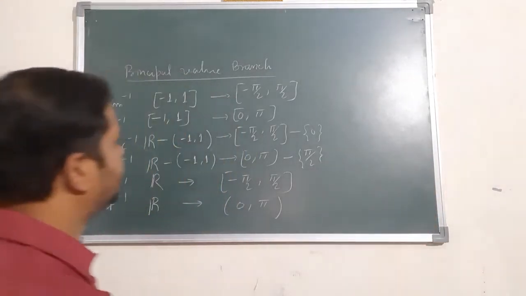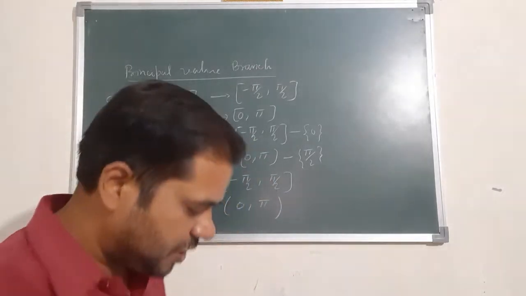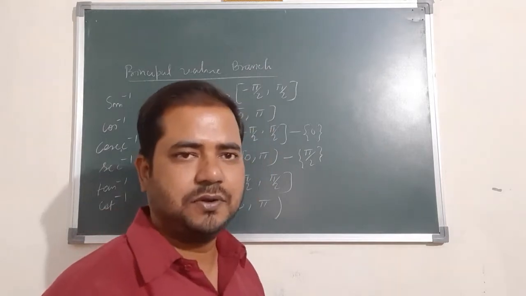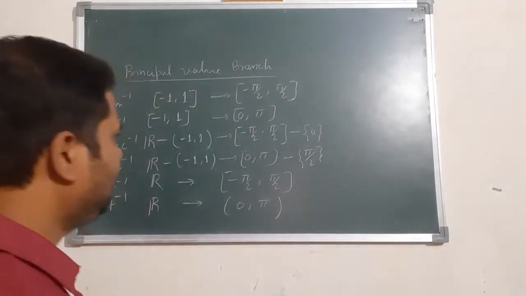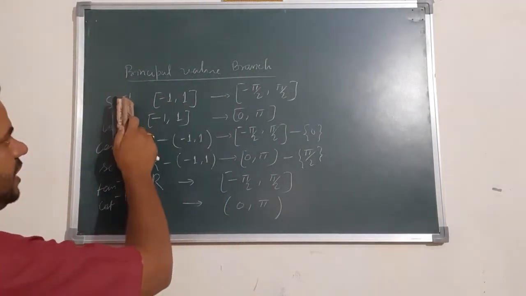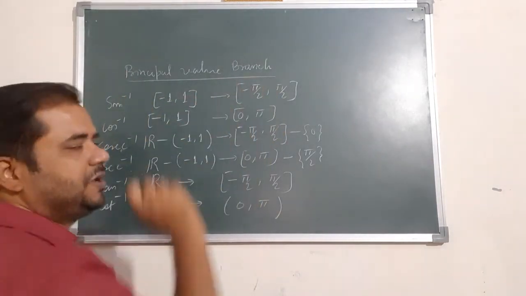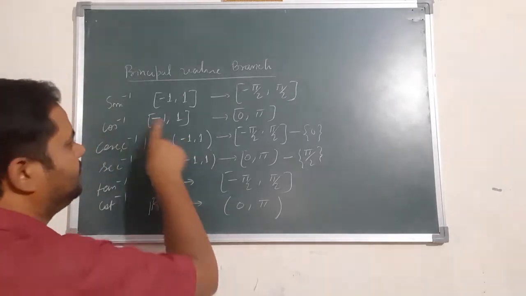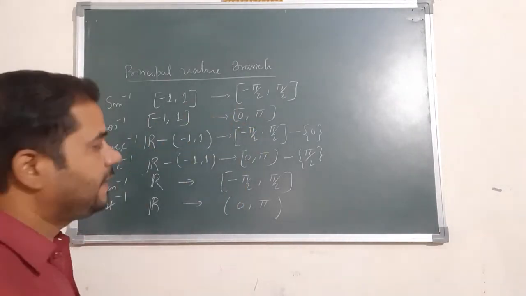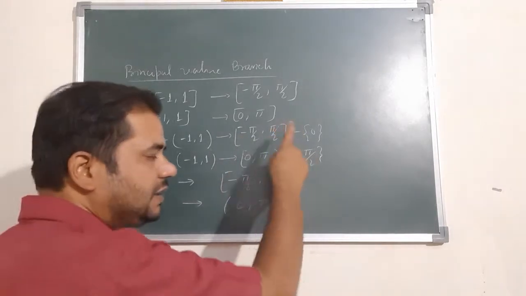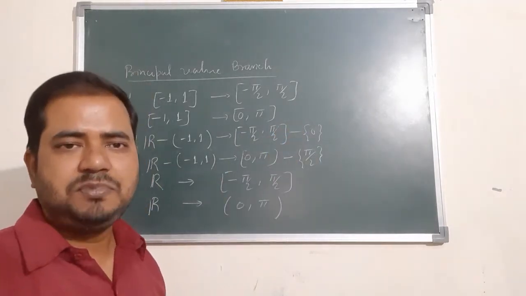Okay. So I am just going to erase this. The principal value branch is given in your book, page number 40, last one. You may understand this one. Principal value of sin inverse is minus pi by 2 to pi by 2. If we talk about cos inverse, then it is 0 to pi, closed interval. For cosec inverse, it is minus pi by 2 to pi by 2, except 0.